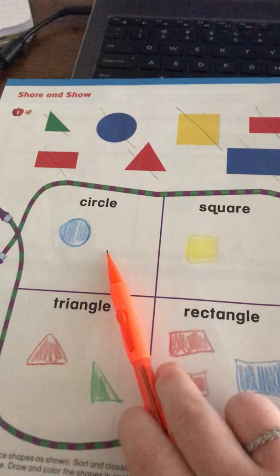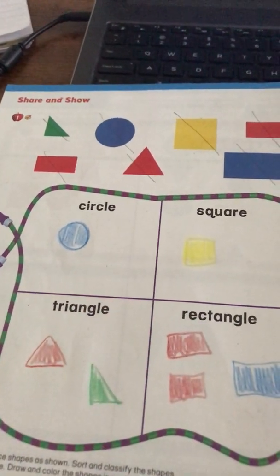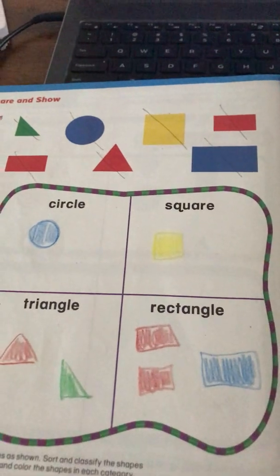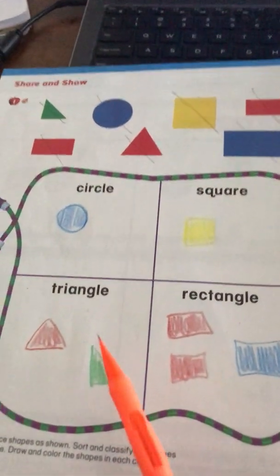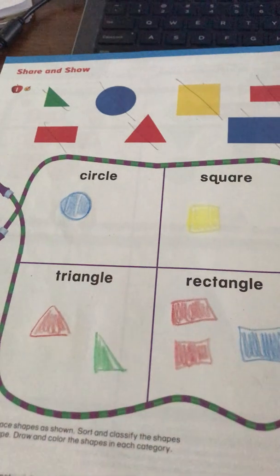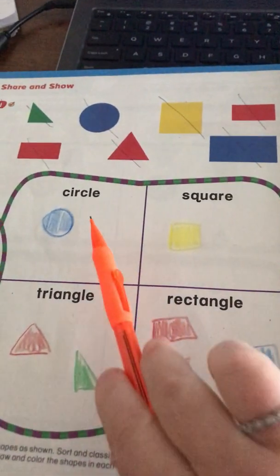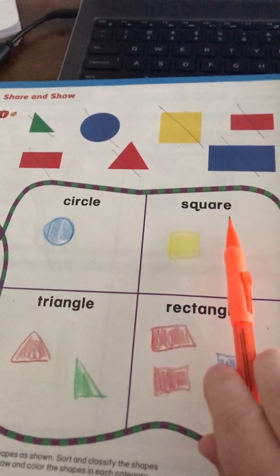The circle has 1. The square has 1. Triangle and rectangle, they have more than 1. So how many categories have just 1 shape? 1, 2.